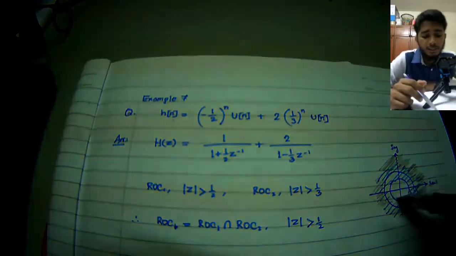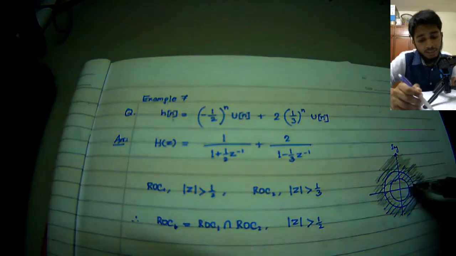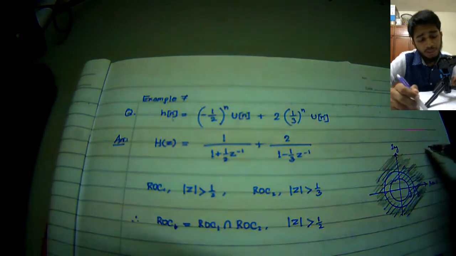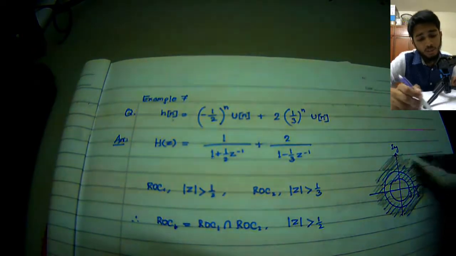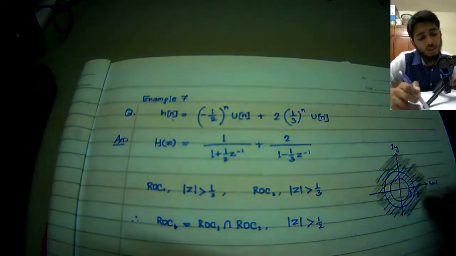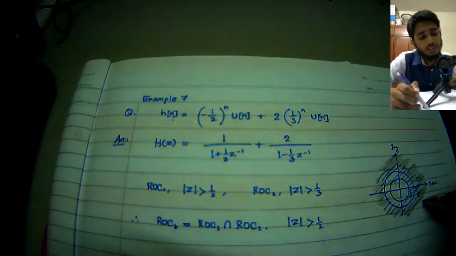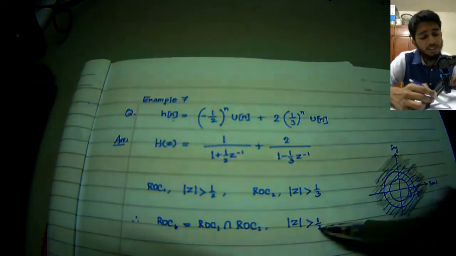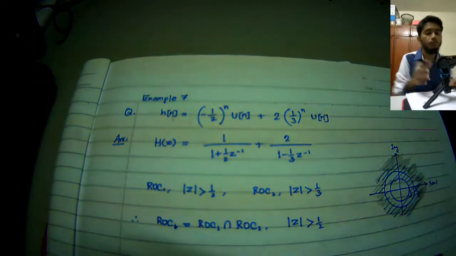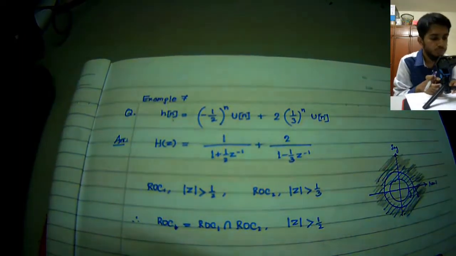So here's the diagram. We can see from the diagram that 1 over 3 is less than 1 over 2. So our intersection for both of these will be z greater than 1 over 2, basically the outside region. That's why we have z greater than 1 over 2. So that's done with the first example of linear properties.